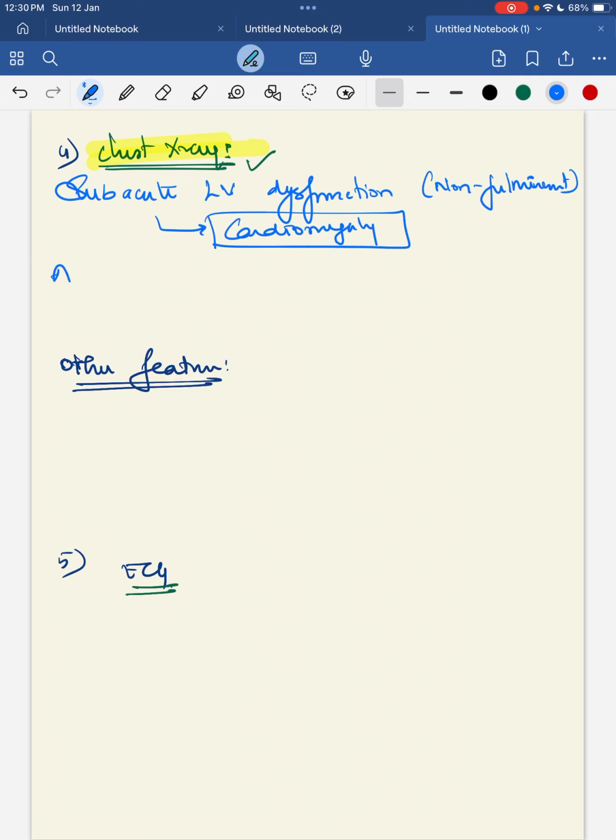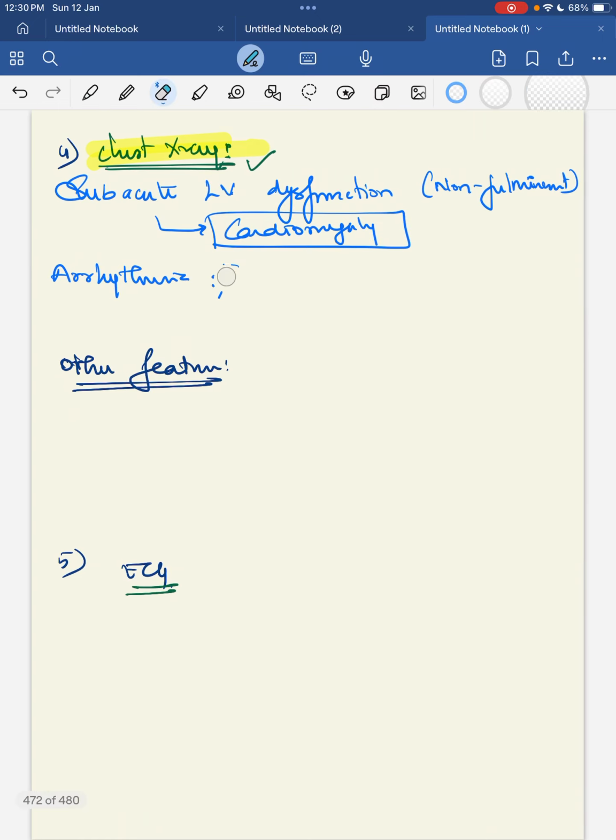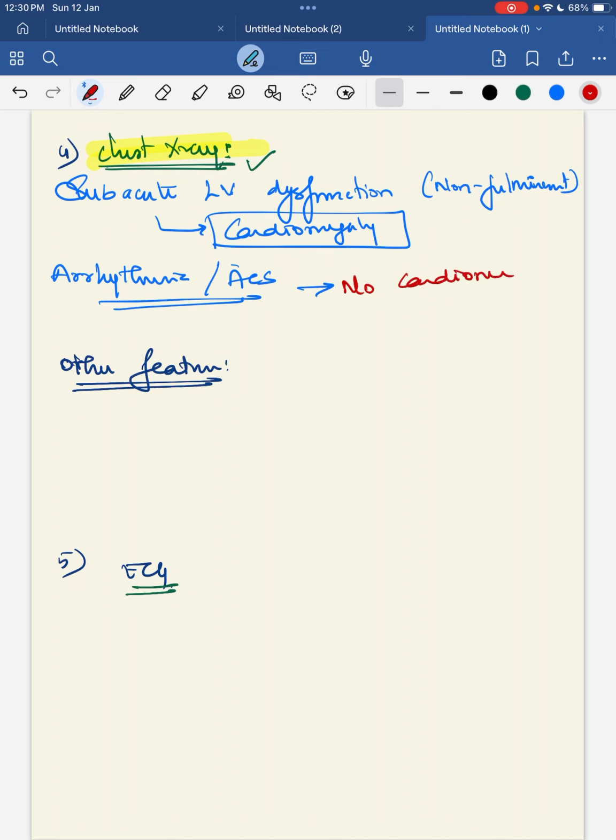Next, coming to ECG, or fifth investigation, there will be many non-specific findings in ECG, but the triad of myocarditis in ECG is sinus tachycardia.